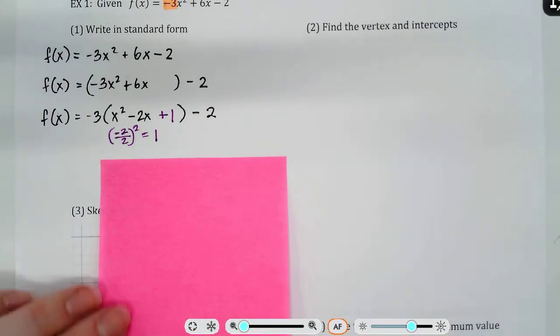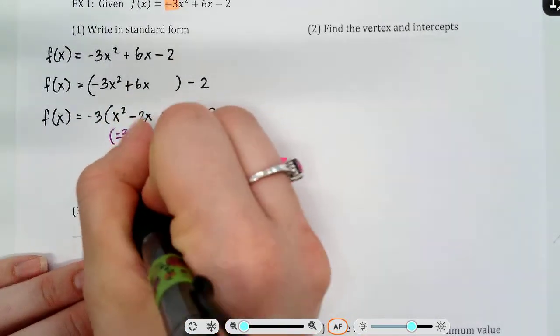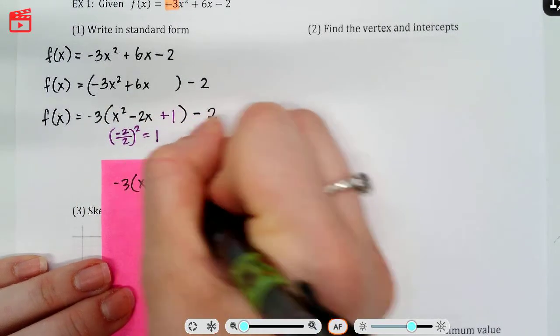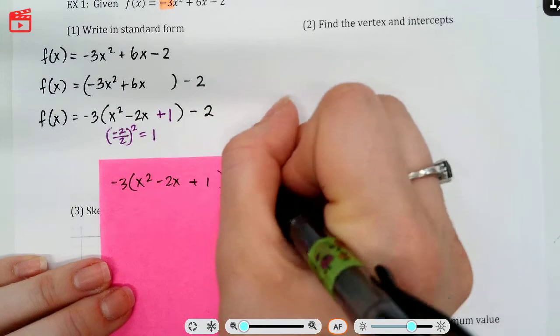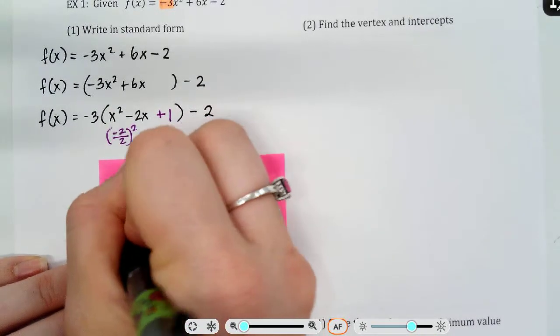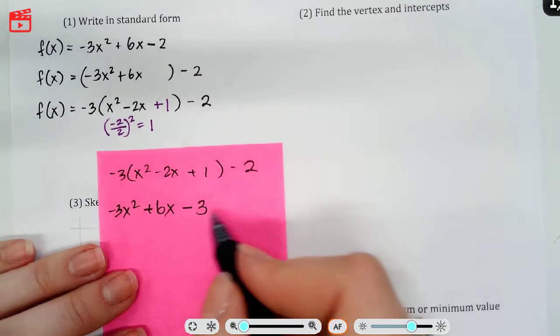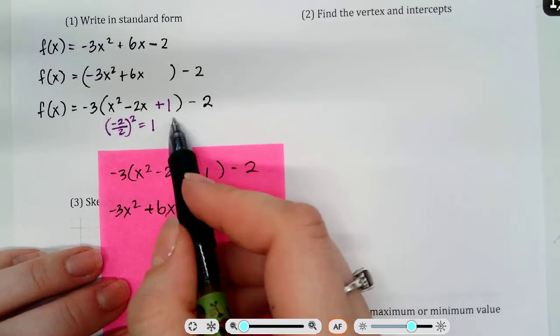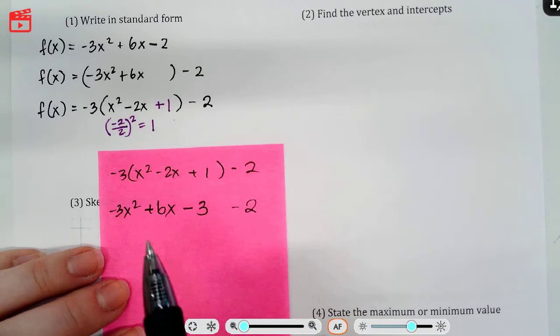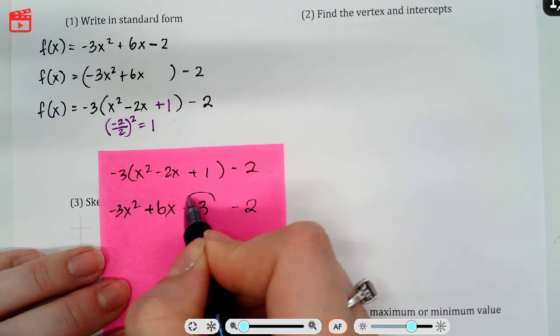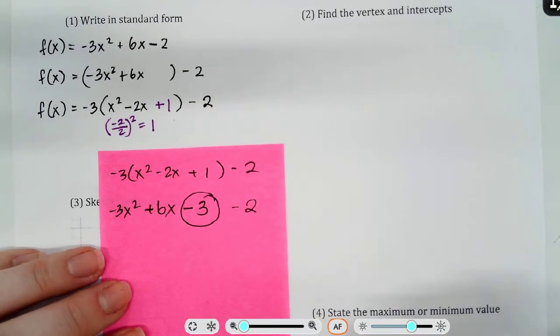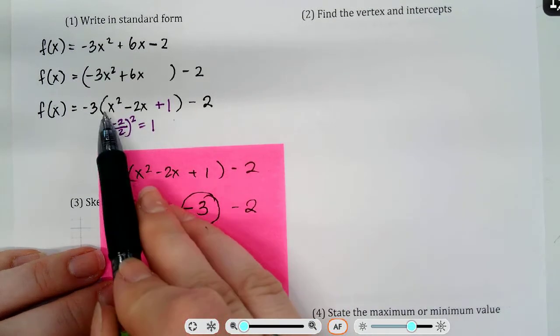So that would be, if I multiplied the negative 3 out, that would be negative 3x squared plus 6x minus 3. So, actually, when I add the 1 in here, what I have really done is I have added a negative 3 to my problem. So be careful when we're working with that negative 3 on the outside.